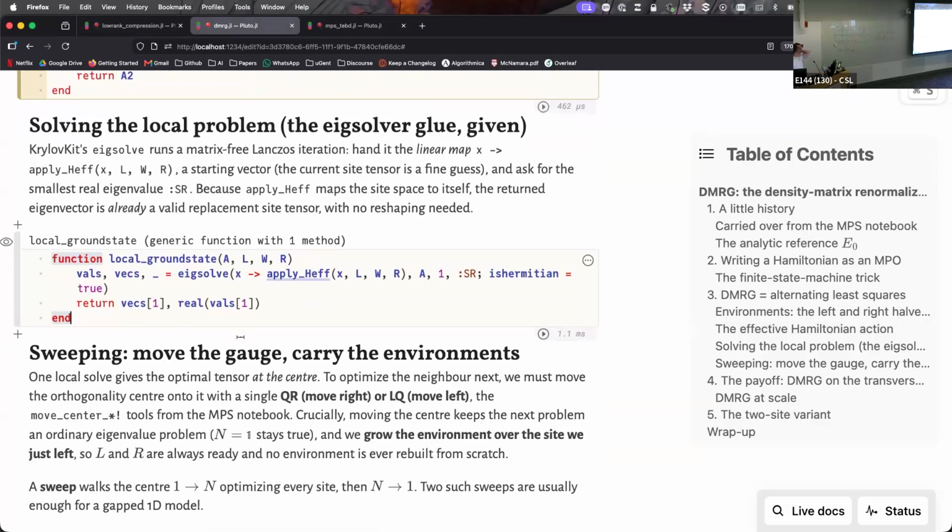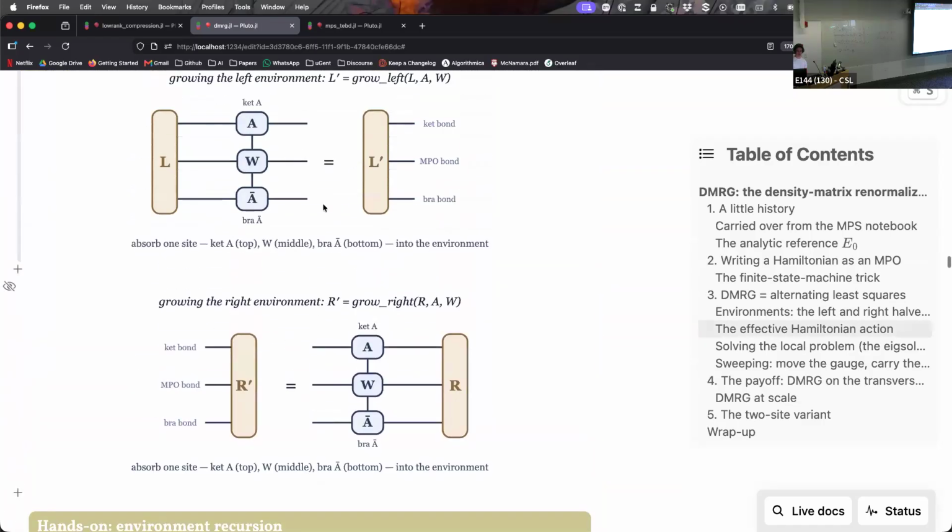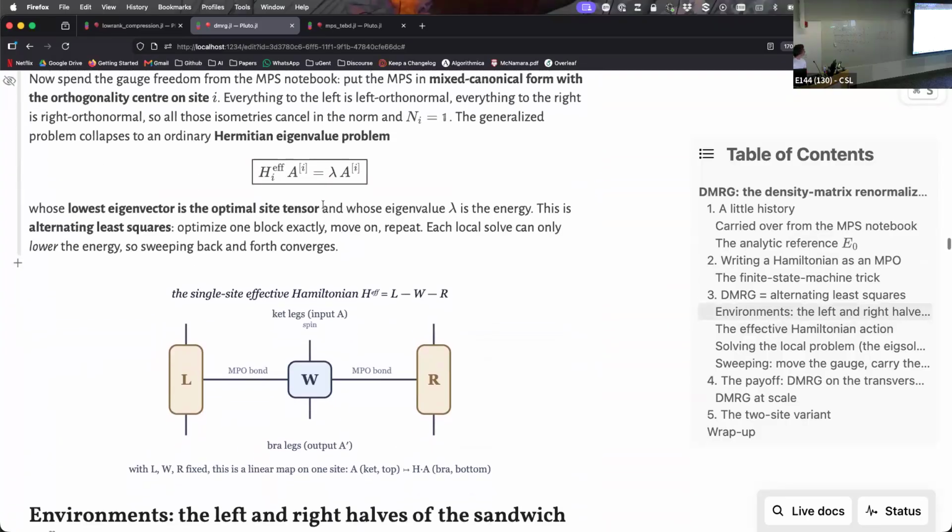And so then we have all of the components to actually make one step of our DMRG algorithm, which is just a matter of locally finding the eigenvector of this projected operator. So recall, we contract the entire left half of the network. We contract the entire right half of the network.